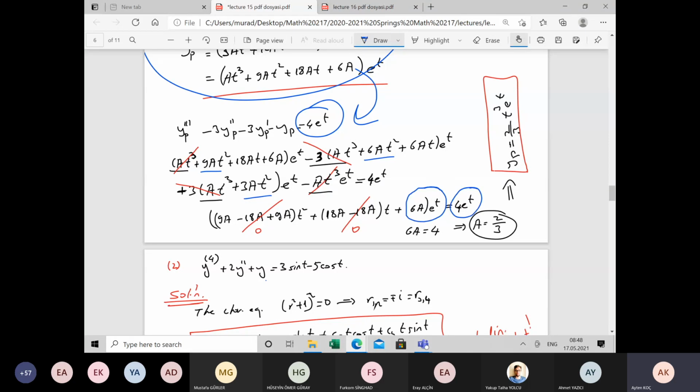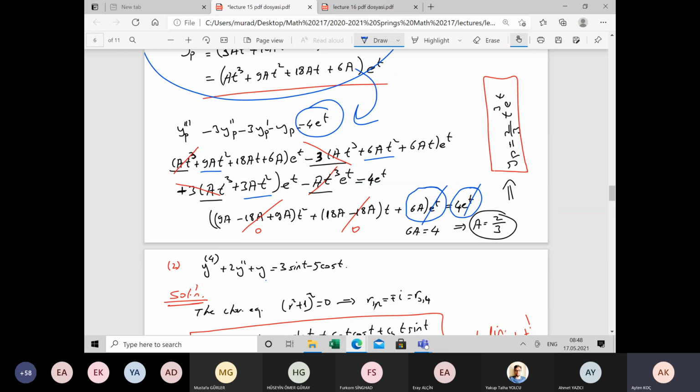Comparing both sides, the coefficient of e to the t, we cancel e to the t. We know that the exponential function is not zero, so it is possible to cancel. Comparing both sides, 6 times a should be 4, so a is 2 over 3. Write here y sub p equals a times t cubed e to the t. So we obtain the particular solution.